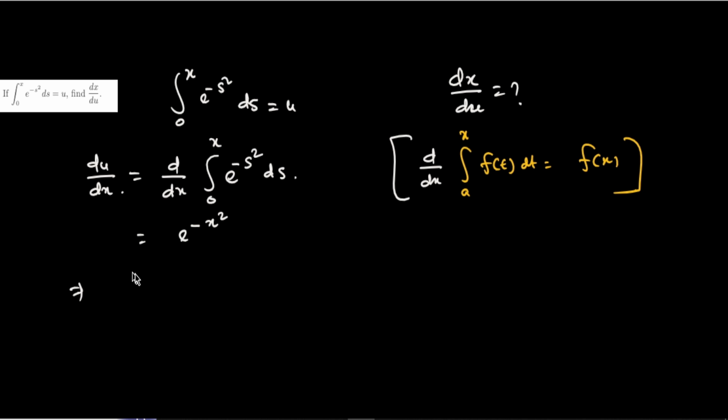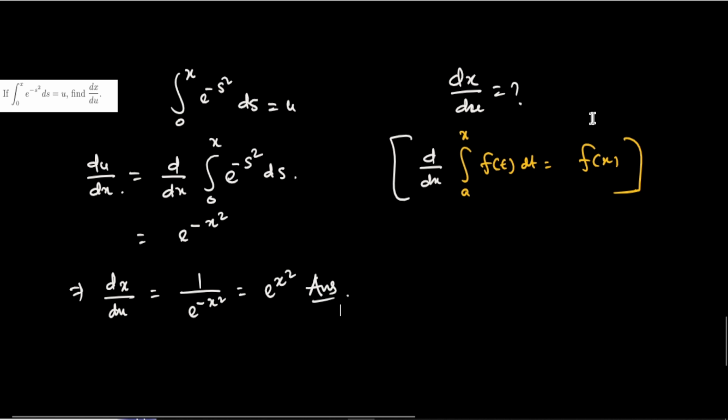Our required answer, dx by du, will be 1 by e to the power minus x square, and it is e to the power x square. This is our answer. So thank you so much.